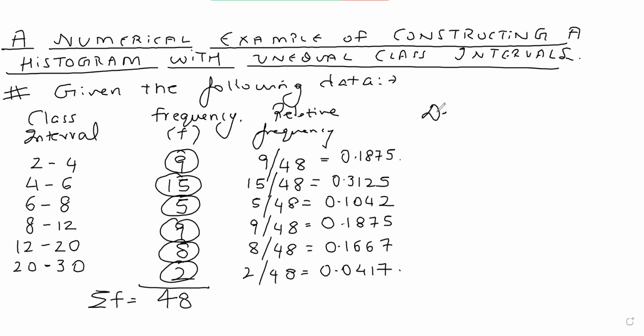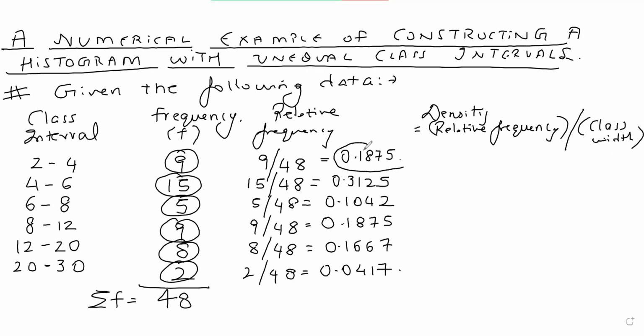So what is my density? My density is nothing but my relative frequency divided by the class width. So my relative frequency is 0.1875. What is my class width? 2 to 4? 4 minus 2, which is 2.